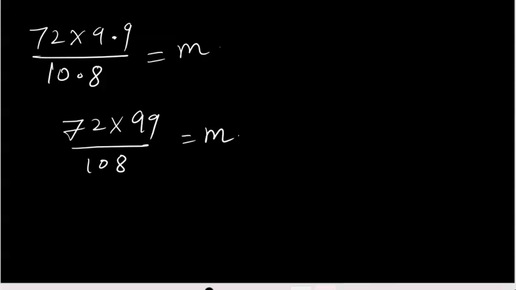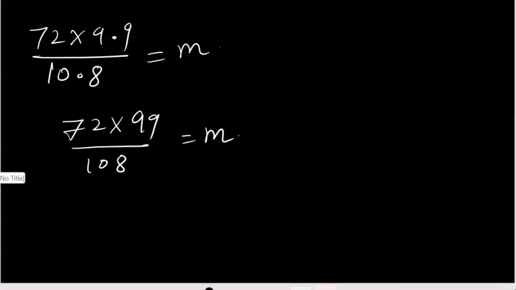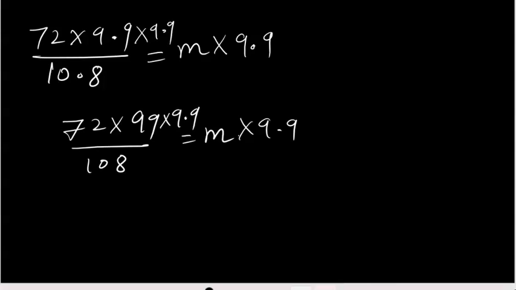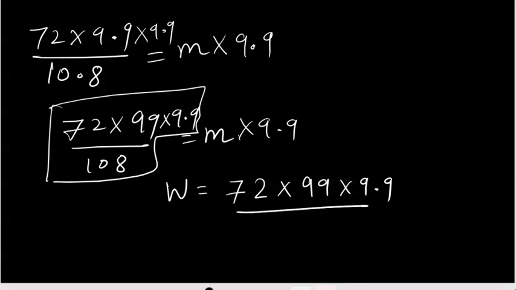So we have to find out the weight, right? Instead of doing this, what we can do is multiply both sides by 9.9. So we will directly find out the weight. So this is our weight. This is 72 into 99 into 9.9 divided by 108.